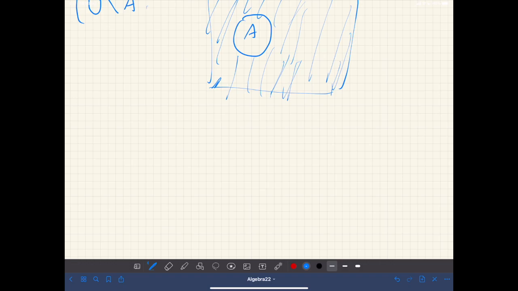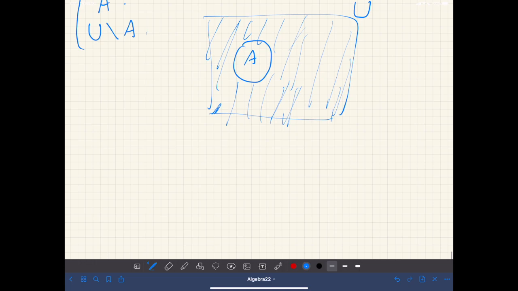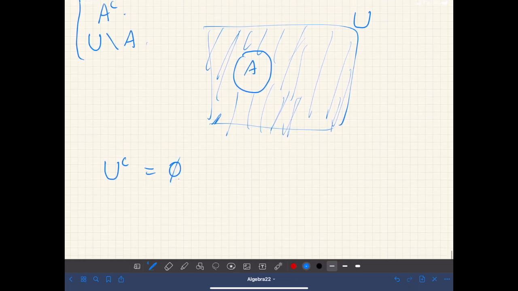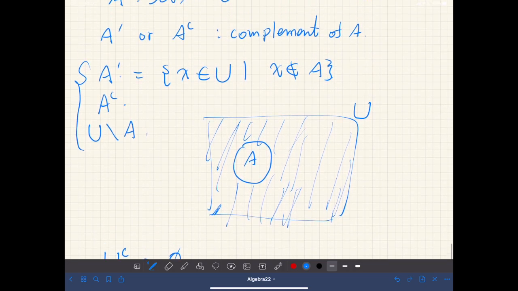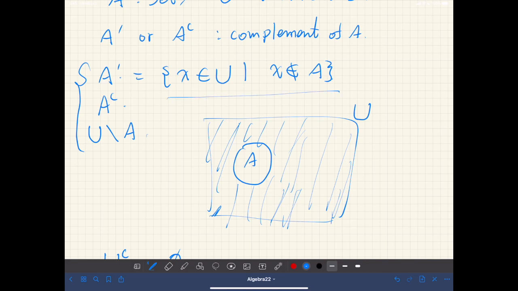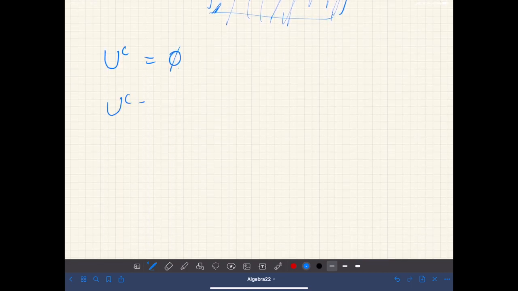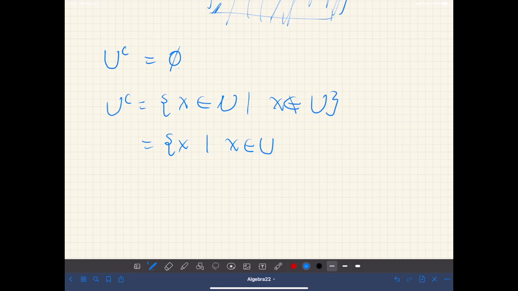You should also note that the complement of U itself is empty because there's nothing outside of U. If we go back to the definition of complement, then the complement of U should be the elements of U that are not elements of U. So this means x is an element of U and x is not an element of U, which is a contradiction.